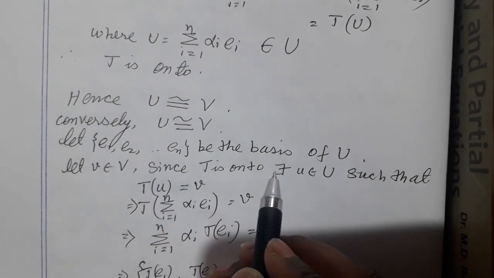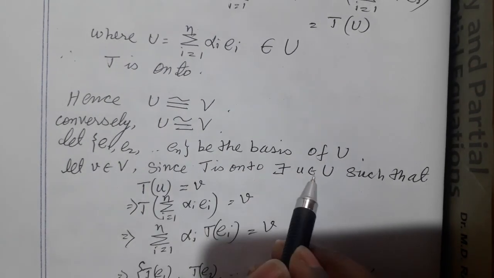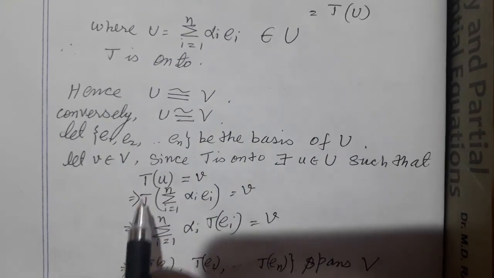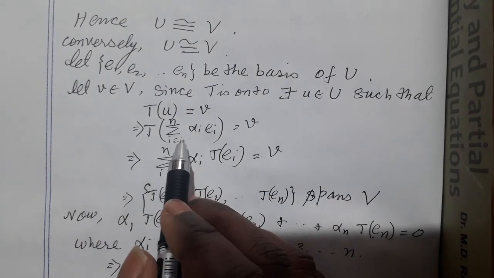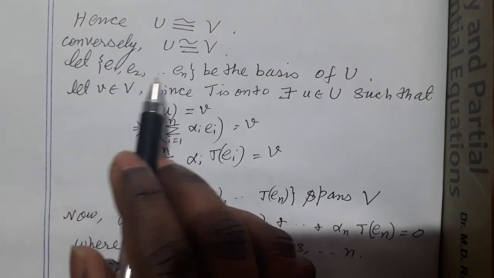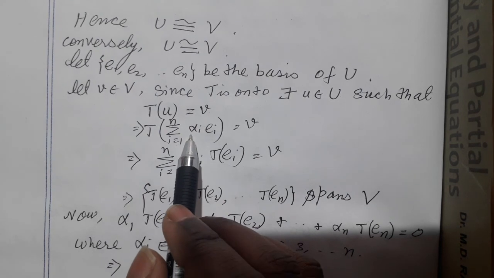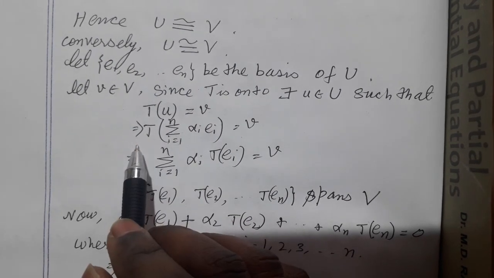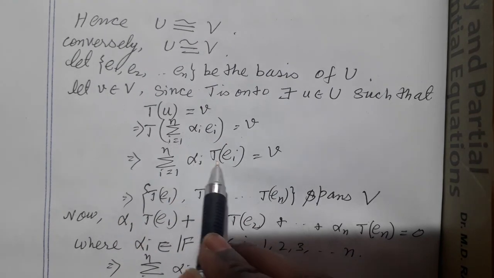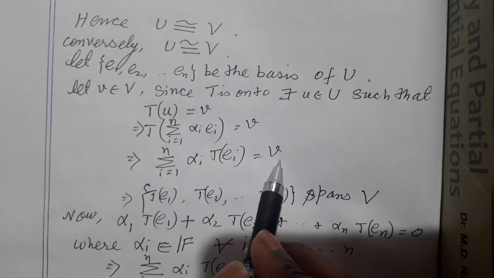So there exists an element u belonging to U such that T of u is equal to v. And u can be written as a linear combination of the basis elements: summation i equal to 1 to n alpha i e_i. So T of u equal to v, and this summation you can take out. So we have summation alpha i T of e_i equal to v. Okay.